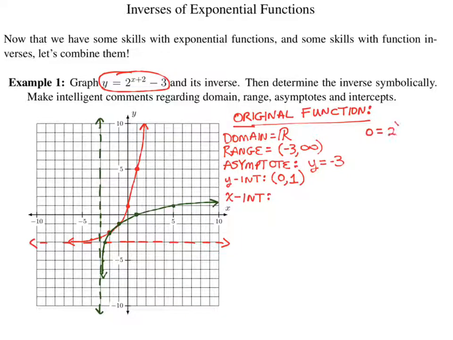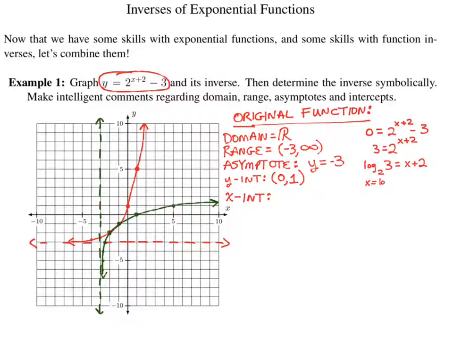Okay, so you make the equation equal to 0, and then you're going to solve by adding 3. So you have 3 equals 2 to the x plus 2. This is stuff you should be familiar with, but it's always good to practice occasionally. So it's log base 2 of 3 equals x plus 2. Remember, when you do the logs, the equation kind of shifts around in the wrong way.